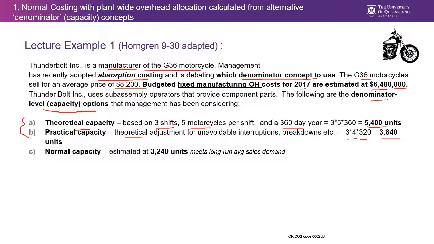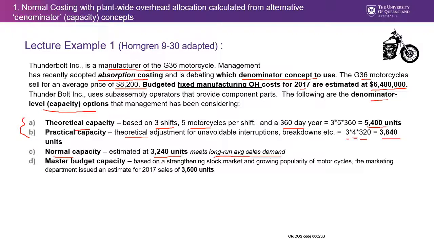From a demand perspective, we predict that normal capacity, remember that's the long run average capacity, is 3,240 units. That's the number of units that will meet what we expect to be the long run average sales demand. The other demand side capacity is master budget capacity, and in this question they tell us that based on strengthening stock market and growing popularity of motorcycles, the marketing department issued an estimate of 3,600 units.